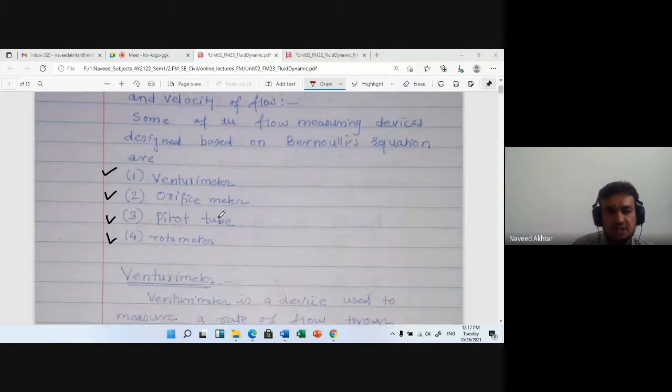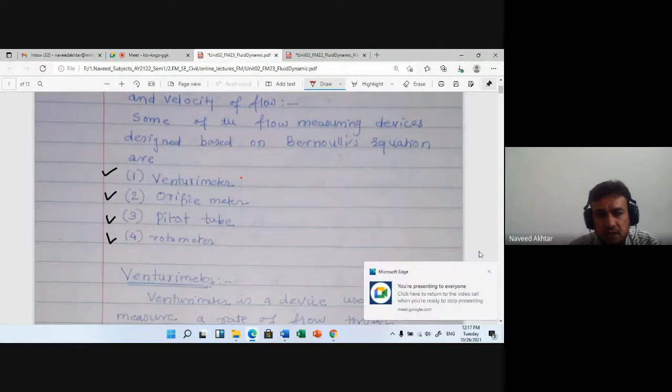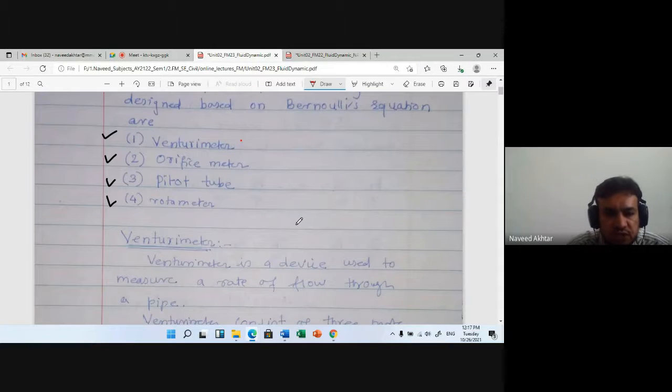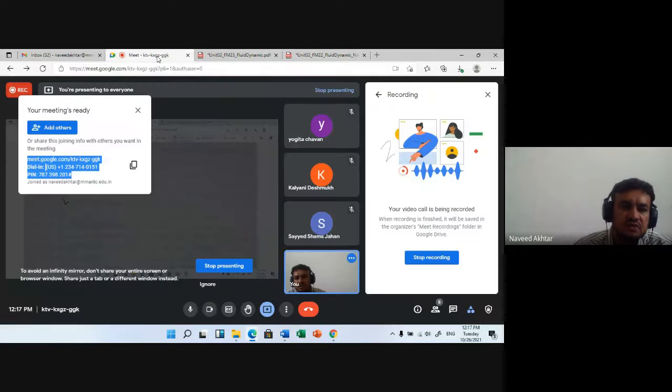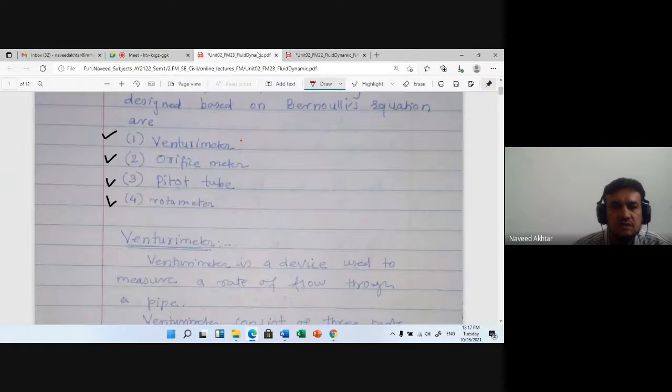Now we'll see these other measuring devices: the orifice meter, the pitot tube, and the rotameter also we will discuss today. Then your unit number 2 will be complete today, and we'll try to solve some examples on the venturimeter. Unit number 2, inshallah, we will finish this week.